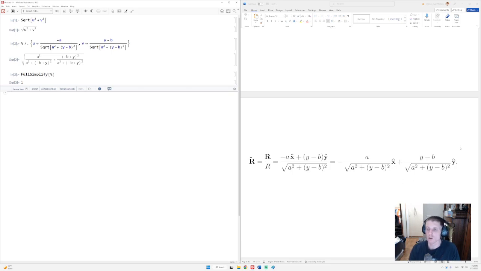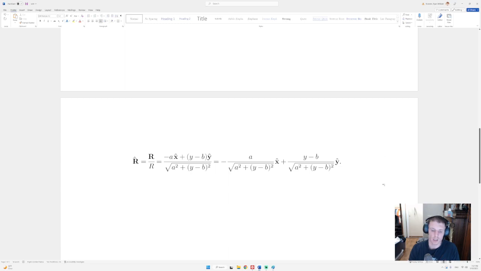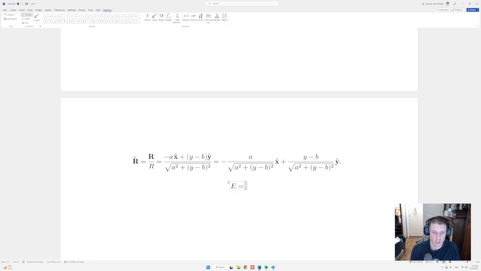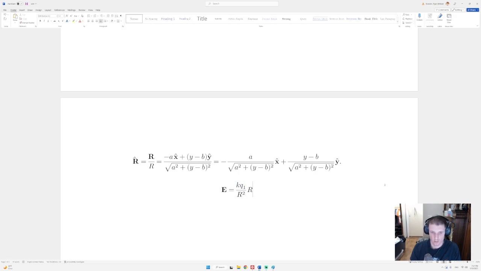Okay, we're almost there. We just have to take it home. Remember we wrote that E equals K Q1 over big R squared in the R hat direction. Let me fix these and make them vectors and unit vectors.